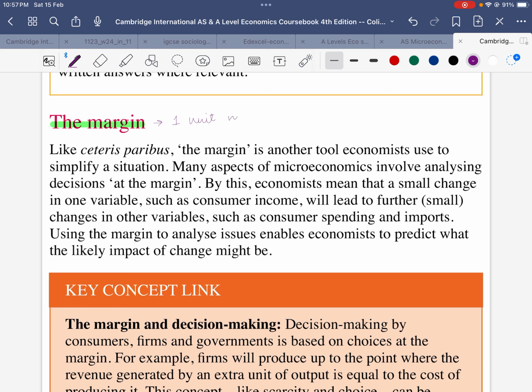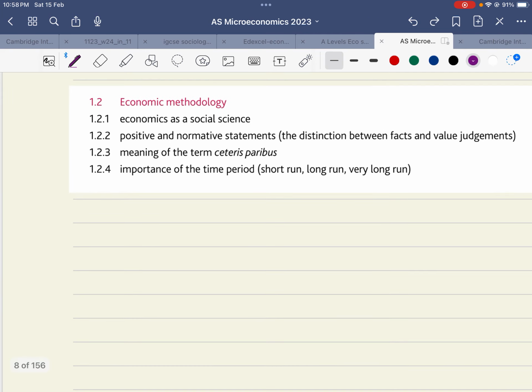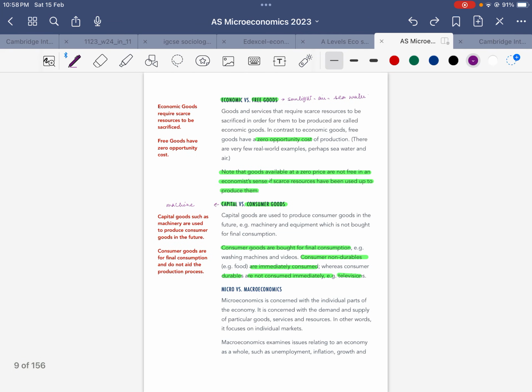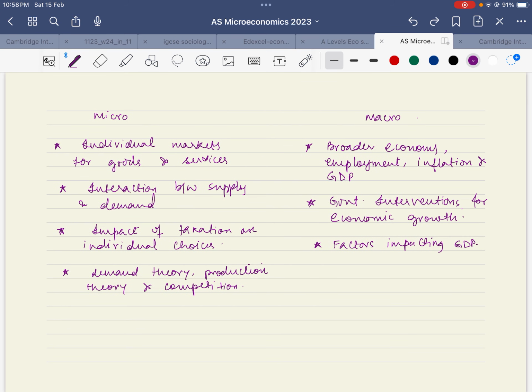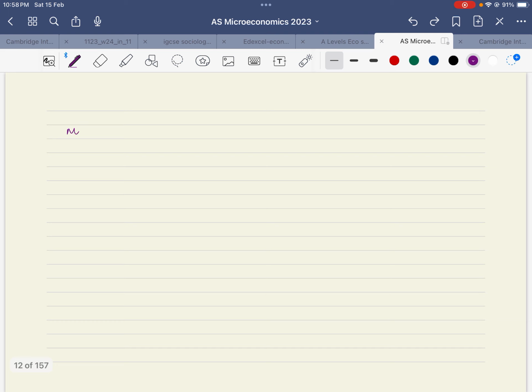1 unit more. For example, we have marginal cost and we have marginal utility. What is marginal utility? Utility is satisfaction.